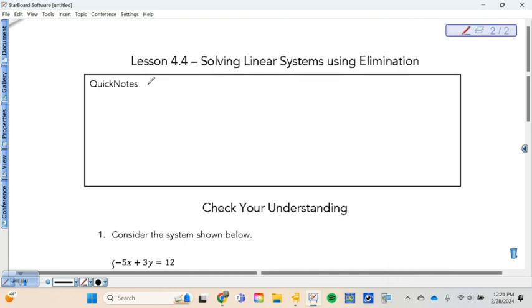Okay. So you can add, subtract, or scale. And scale, what I mean by that is we can either multiply or divide an equation by a number.